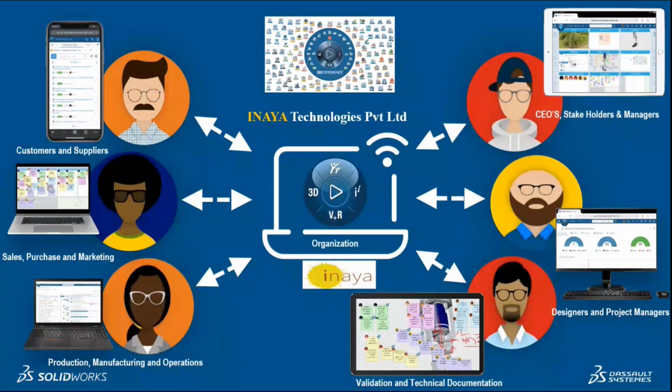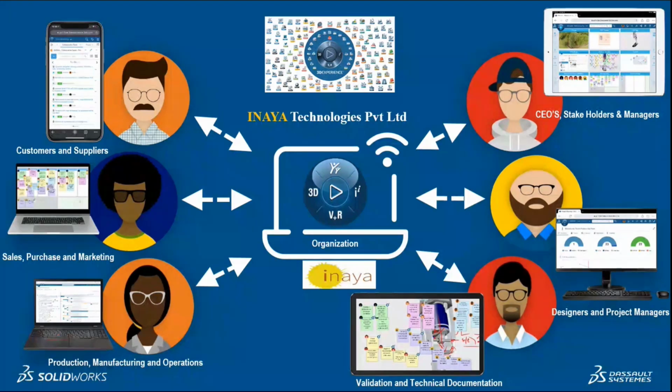I'd like to take a simple scenario here. Everyone works with a firm, right? In the firm, there will be different domains and divisions: top-level management, the CEOs and managers, designers and project managers, the simulation and validation team, the production and operation team, the sales and marketing team, and finally the customers and the suppliers.